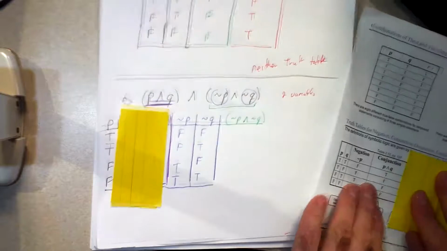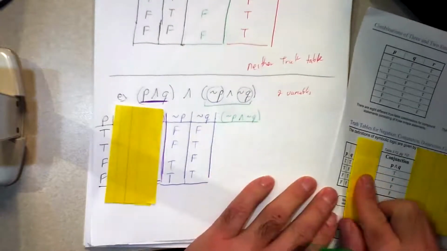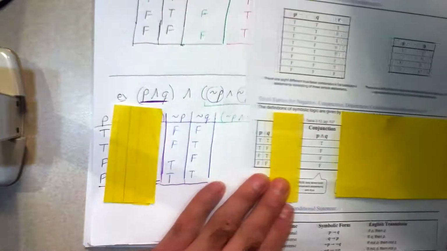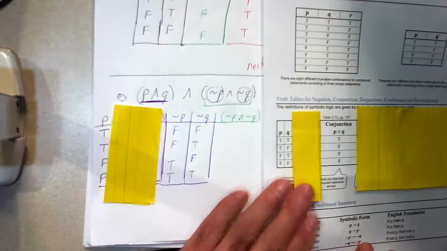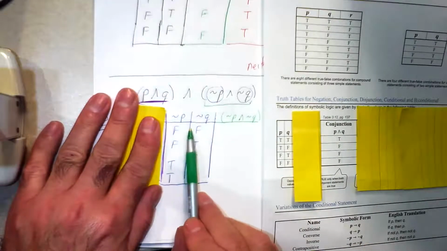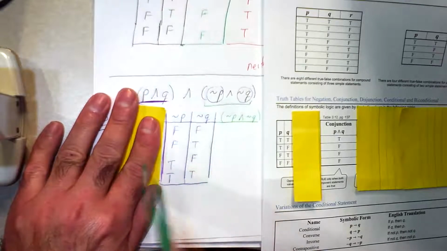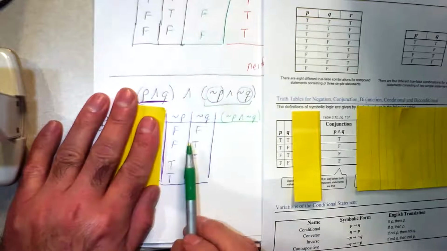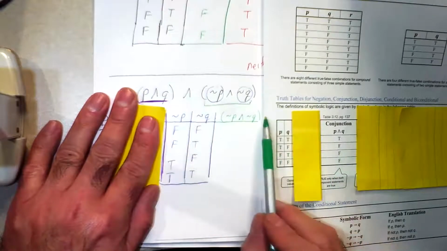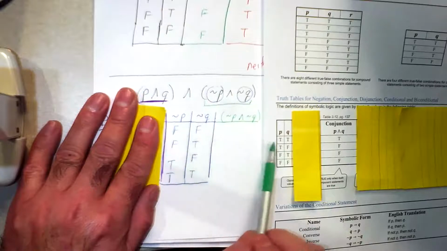And oh, here it is, the connective. So I'm going to cover up my paper, and I want to do the connective for conjunction, right? But I'm doing it for the blues that we just did. I want to do it for the not P and the not Q. All right, so here we go. We're going to decipher it. So I got the connector. There's my connector. There's my results. I just need to match row by row with the results, right?